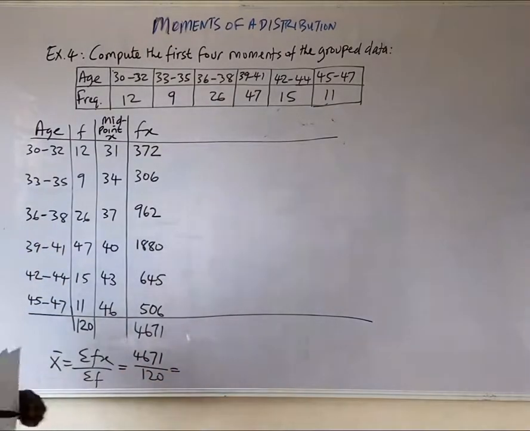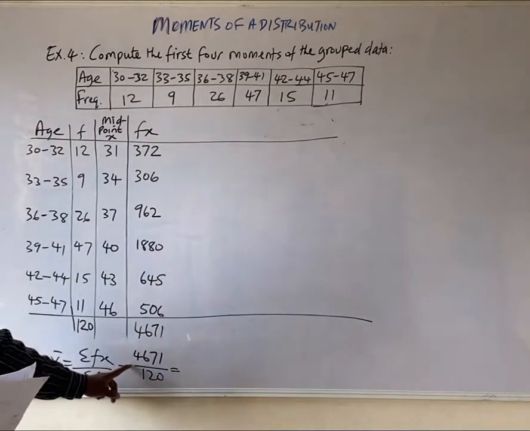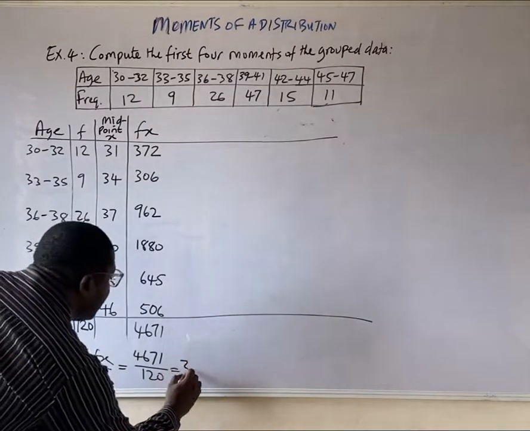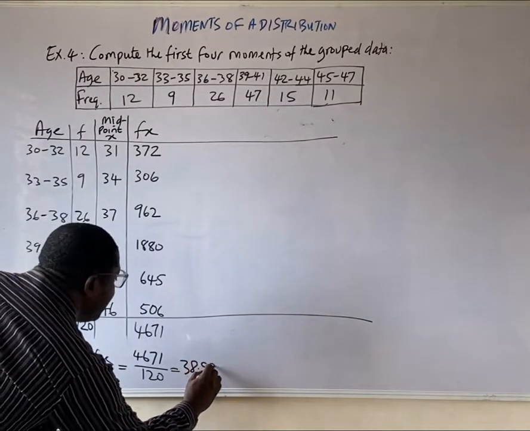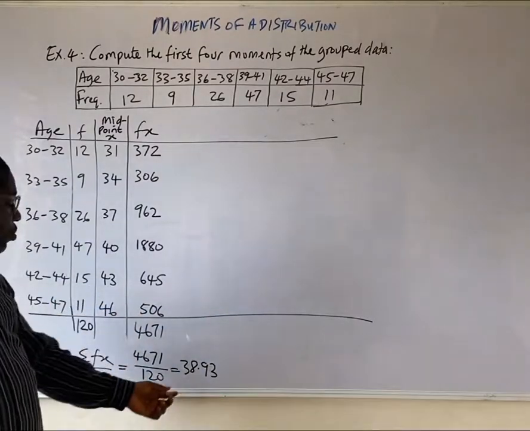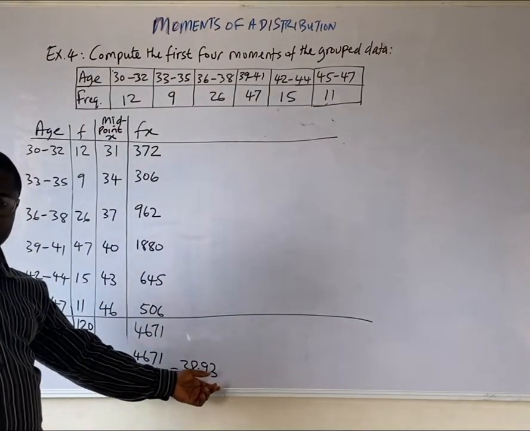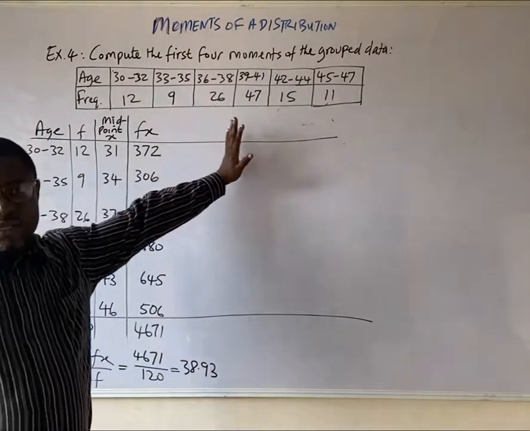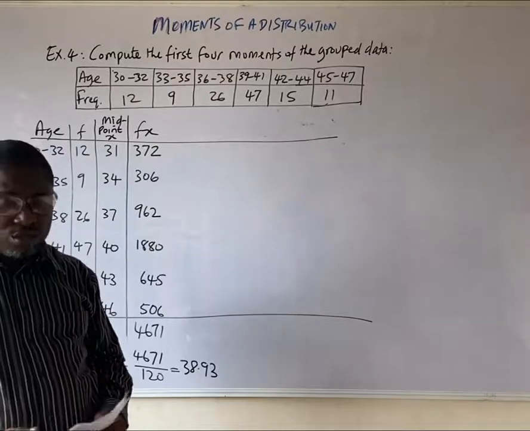What's your answer? Can you do this on your own? Okay, what we have as our answer is 38.93. I have left my answer in 2 decimal places so that when I find my deviation from the mean, it will result in 0.